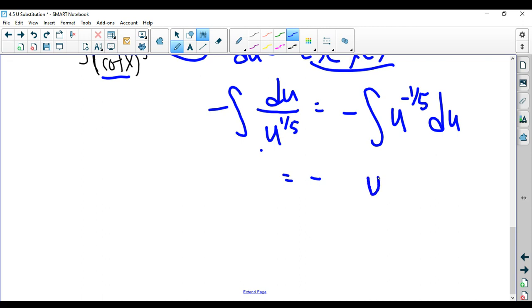We'll add 1 to that, multiply by the reciprocal. That's it. All we need to do now is just put the u back in. The u was cotangent.